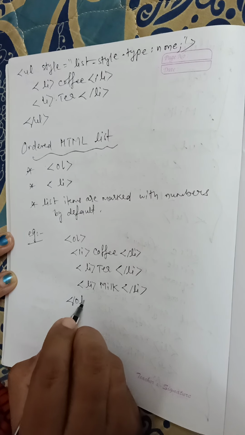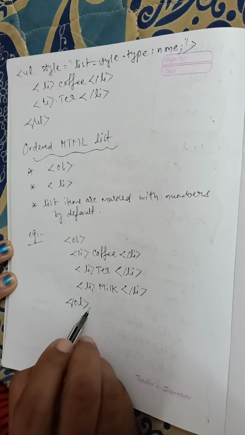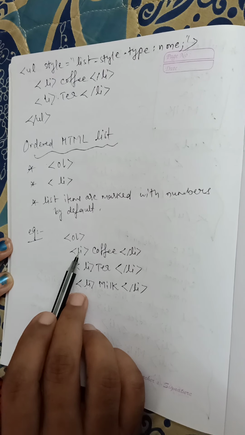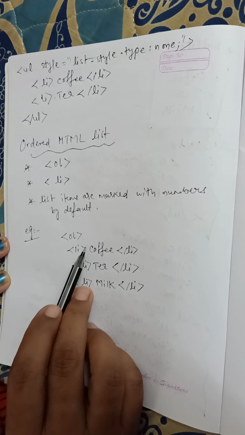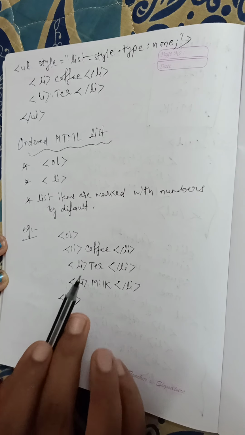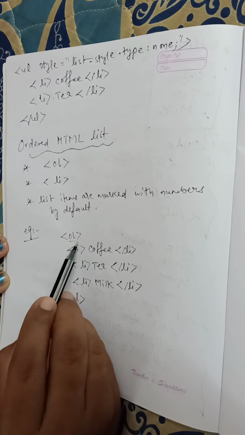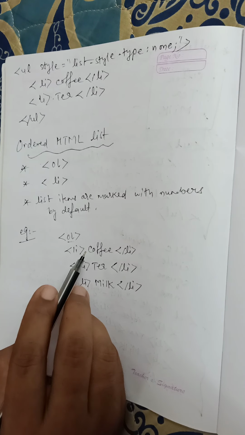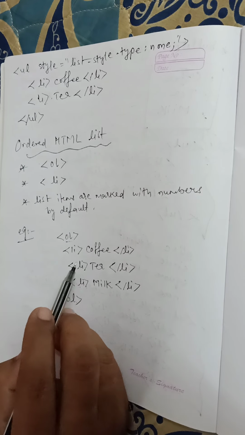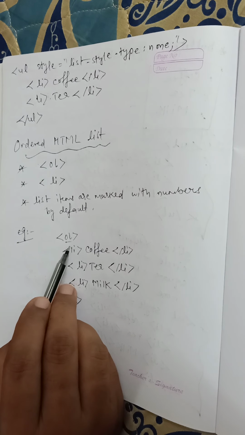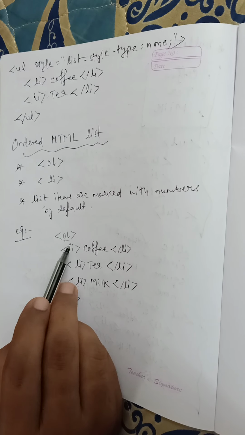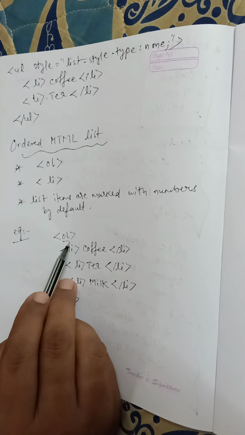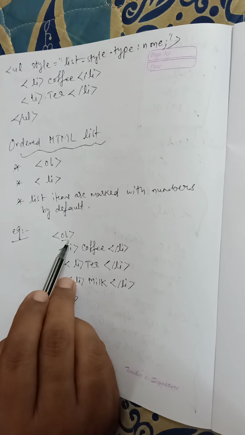And finally ending the ordered list tag. Okay, so everything remains same, only the thing which differs is this OL. In the previous case we were writing UL, but now it's OL. It's also very easy to remember, ordered list OL, and in the previous case it was unordered list, that is why it was UL.